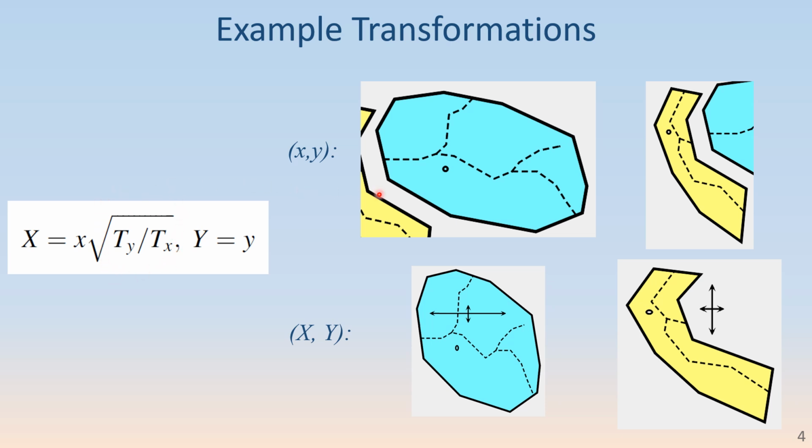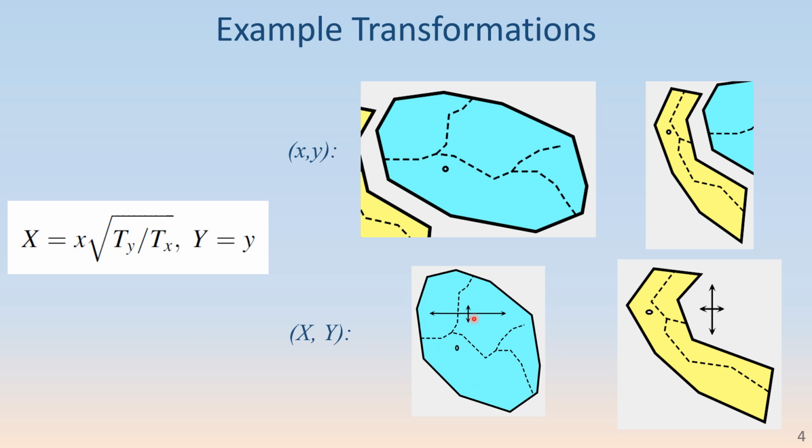So in this first one, the blue domain in the real x, comma y lowercase coordinates looks like this. But when we go through the transformation, it becomes like this. And these arrows show you that the T in the x direction is quite a bit larger than in the y direction, which means that this factor becomes less than 1, which means that the capital X is shorter than the lowercase x.